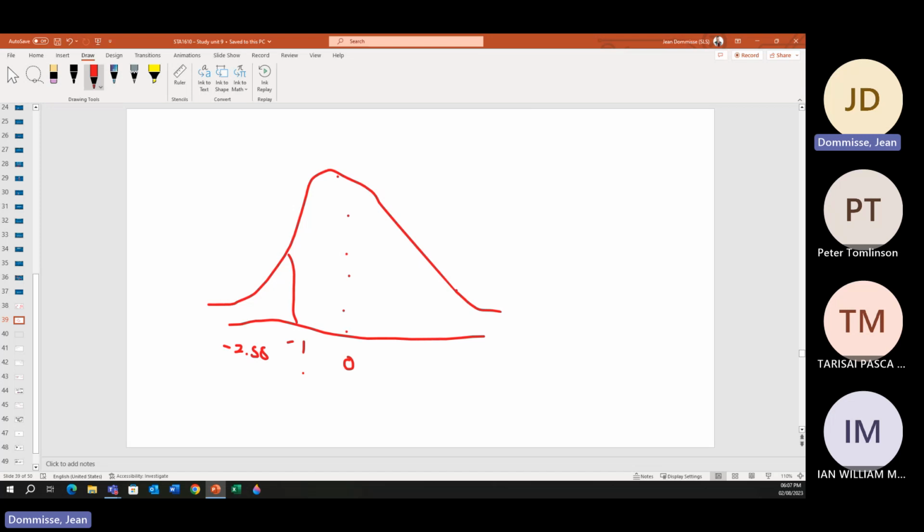That was your test stat that you worked out. This was your critical value. Okay, so if your t-stat is, in this instance, on the inside of your critical value, you accept your null hypothesis.